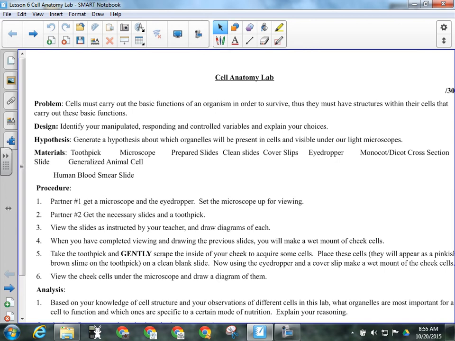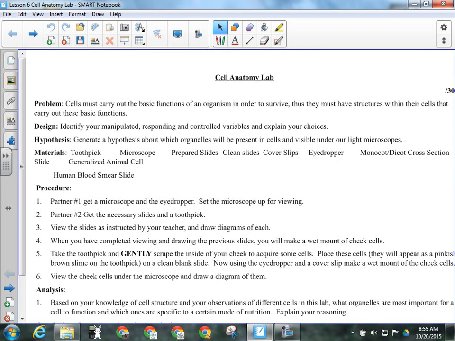That's probably important because if we want to say that all cells do this thing, we have to look at cells from all different kinds of organisms. Making sense? Now, what are we looking for inside of those cells? Organelles, specific ones. We want to say that the cell is going to need the following ones. So we're looking for structures, organelles, within the cells.